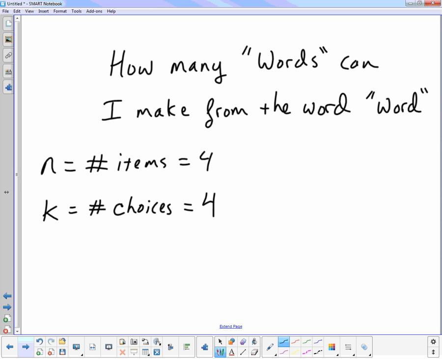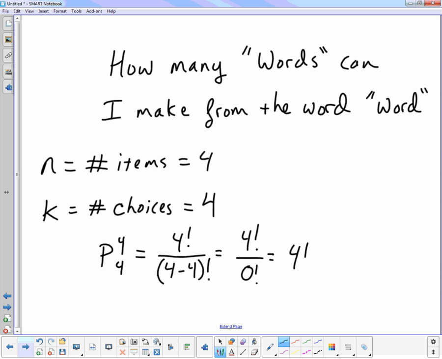So if I'm doing P(4,4), that's 4 factorial over 4 minus 4 factorial. So 24 items.